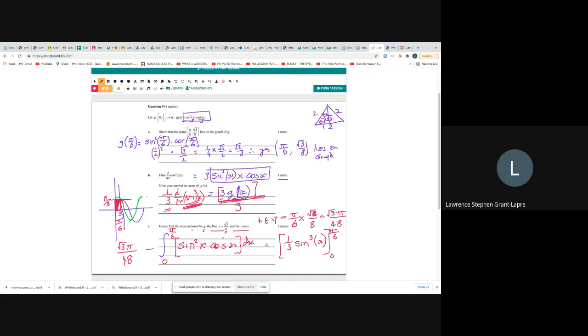Because if the derivative of sine cubed is 3 g of x, then the integral of 3 g of x is sine cubed x. So we want the integral of g of x, but I can only get the integral of 3 g of x. So if I multiply that by 3 and take 1/3 of that, then I've got 1/3 of sine cubed x. And put pi over 6 in there. Sine of pi over 6 is a half.